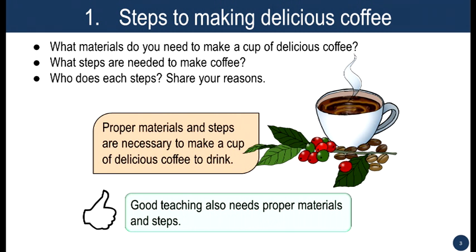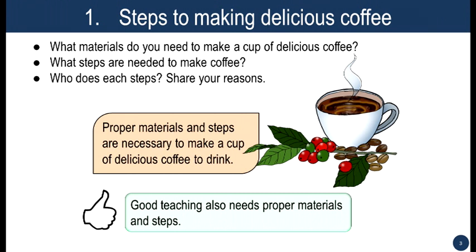So after taking the boiling water, you pour it into a cup and add in your instant coffee, the 3-in-1, and you stir until you dissolve the ingredients and you have a delicious cup of coffee. So likewise, for a good science lesson, you also need materials, and we also need to follow certain steps to achieve the objective of the science lesson.